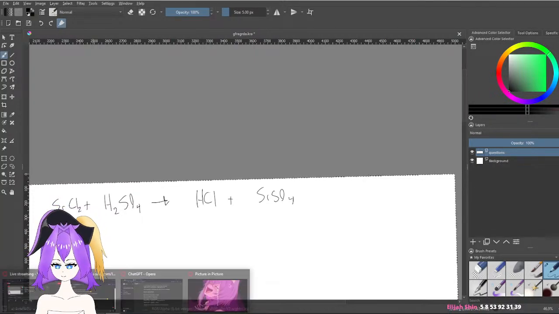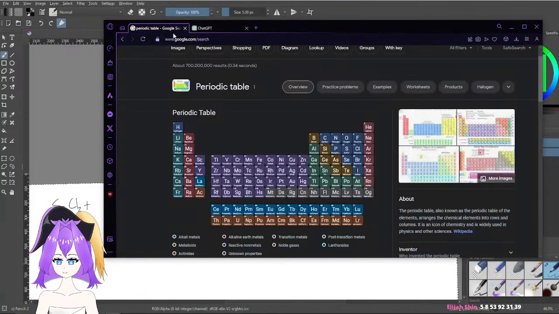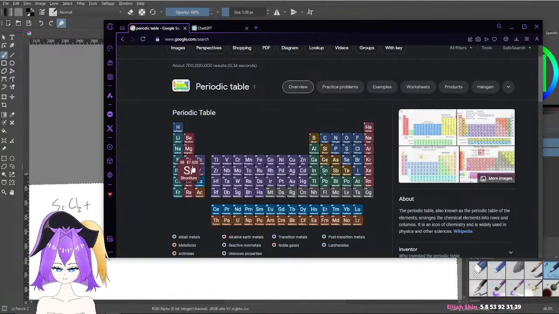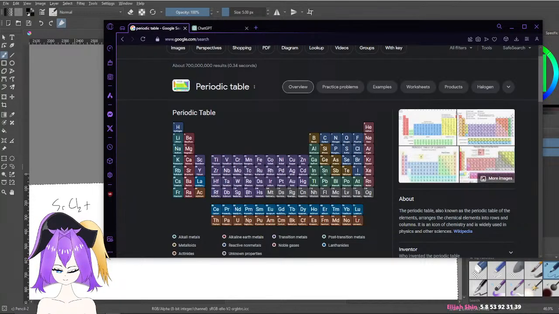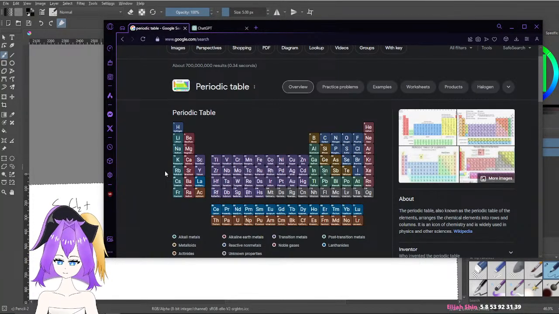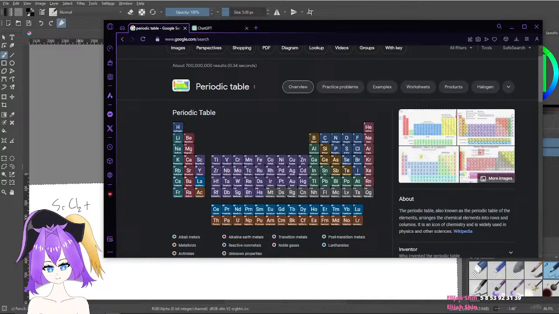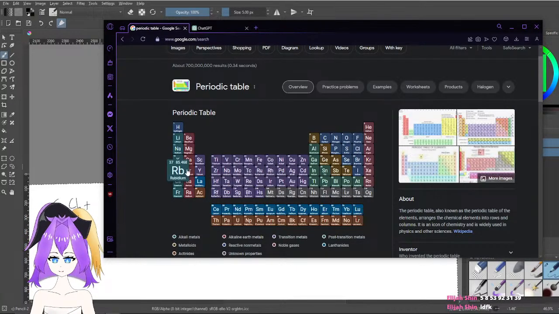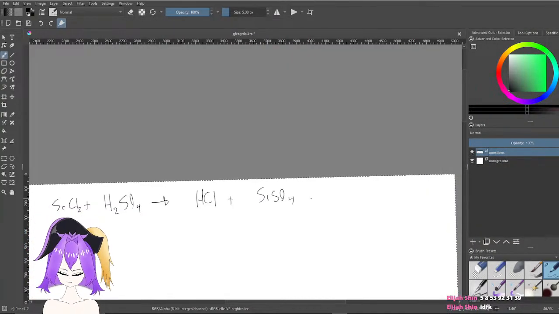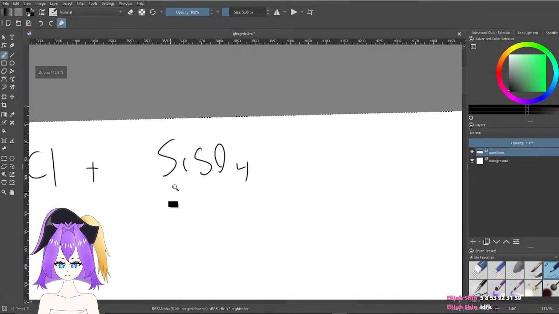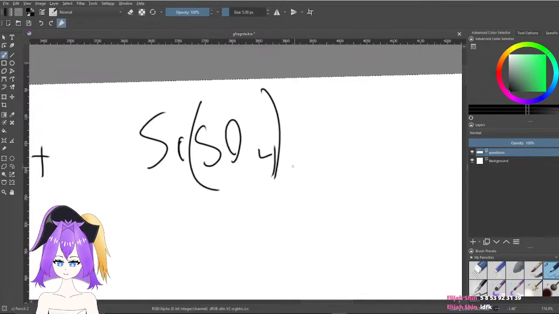Where's my periodic table? Oh, here it is. Strontium has a charge of 2, right? Am I being dumb? Yeah, strontium has a charge of 2 because it's an alkaline earth metal. My homework gives me the problem, so it should be this, right?